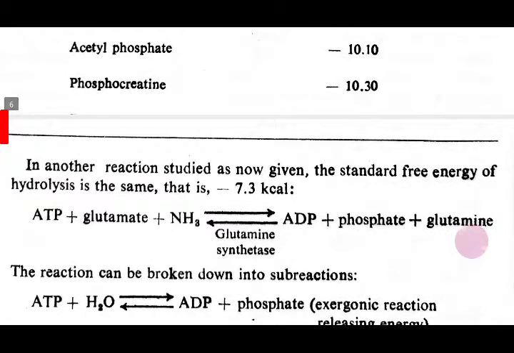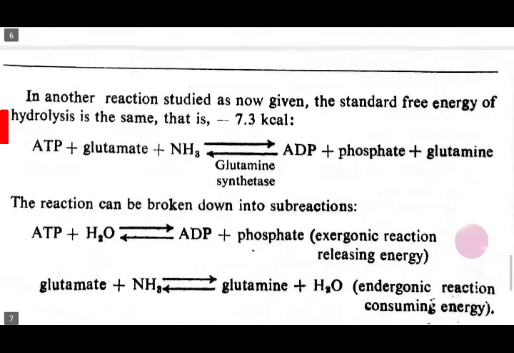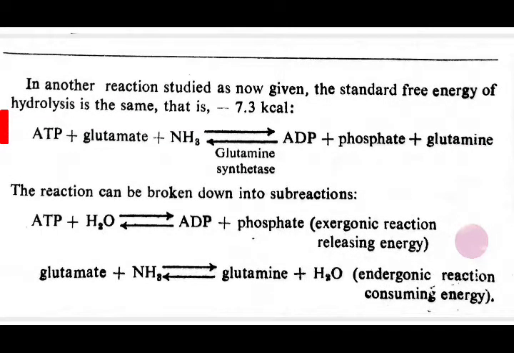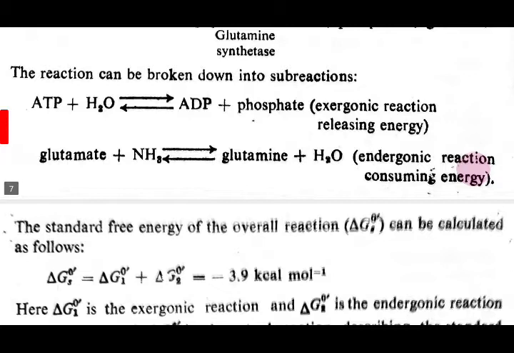In another reaction, the study is now given. The standard free energy of hydrolysis is the same, minus 7.3 kilocalories. ATP plus glutamate plus ammonia gives ADP plus phosphate plus glutamine. After attaining equilibrium, it reverses back to give ATP, glutamate and ammonia. The reaction can be broken down into sub-reactions, reaction number 1 and reaction number 2.